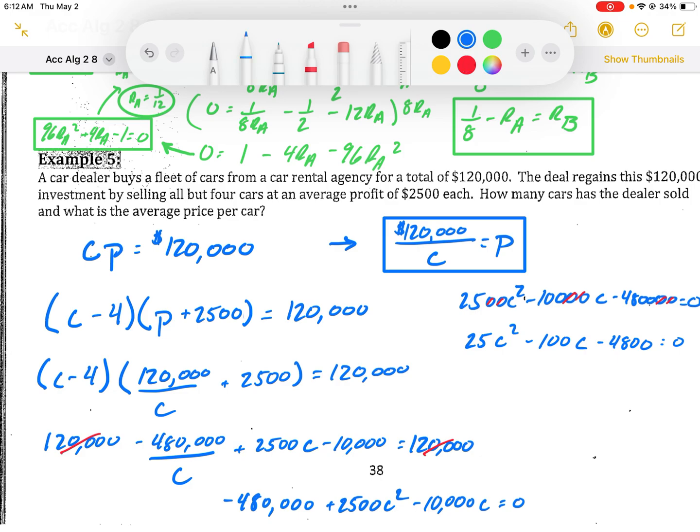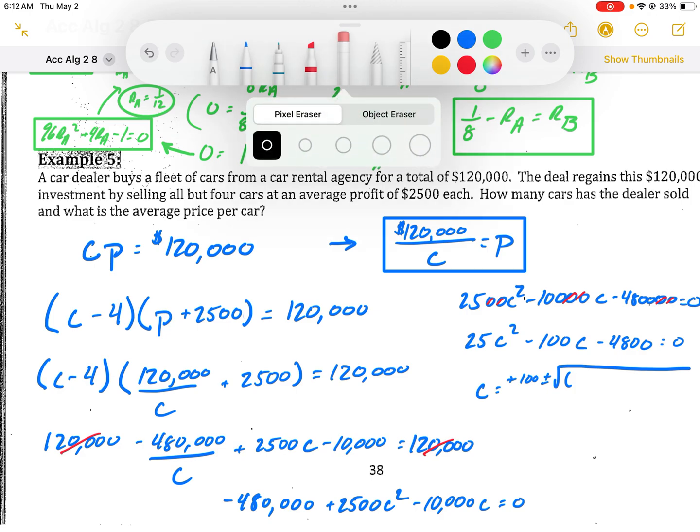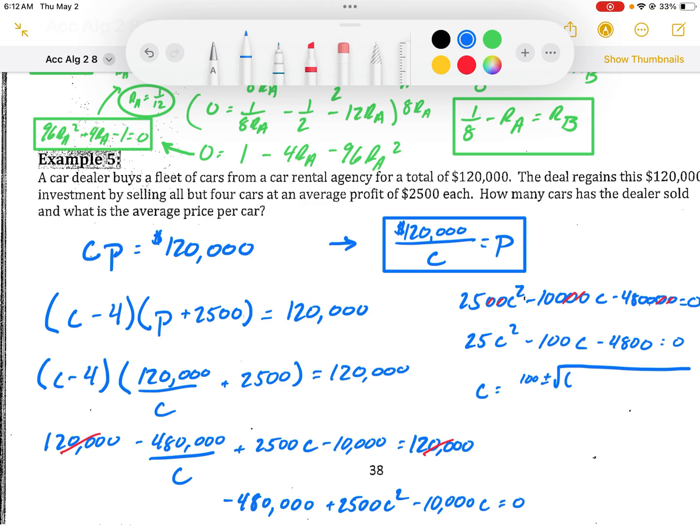So now if I use that quadratic formula, it's a little bit easier. So it's going to be plus 100, plus or minus the square root of negative 100 squared minus 4 times 25 times negative 4,800, all over 2 times 25.